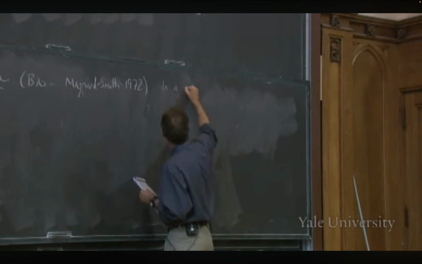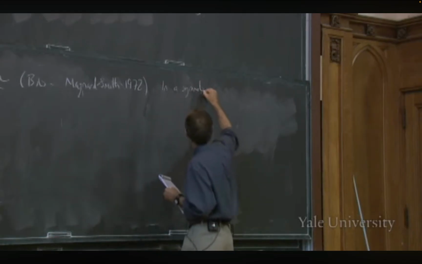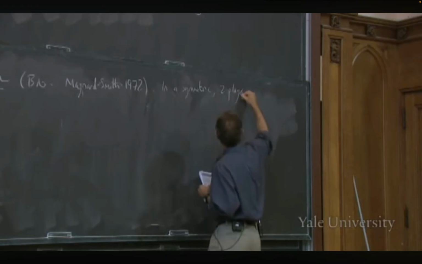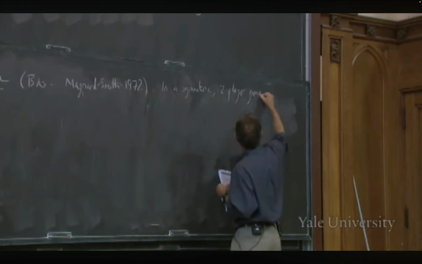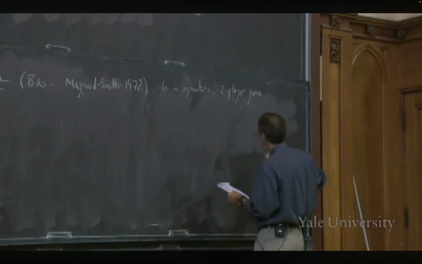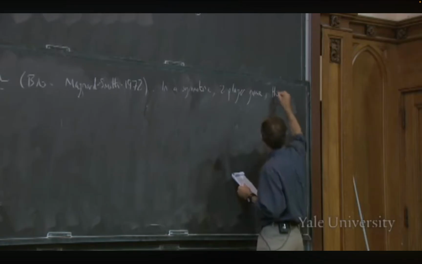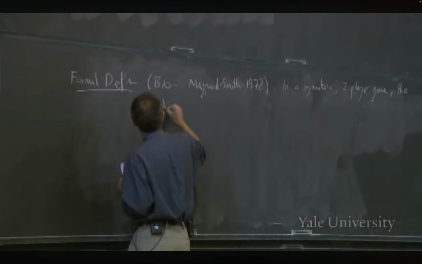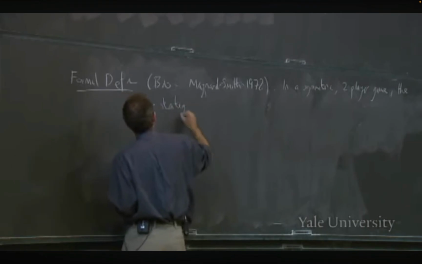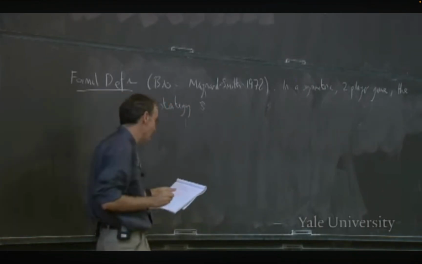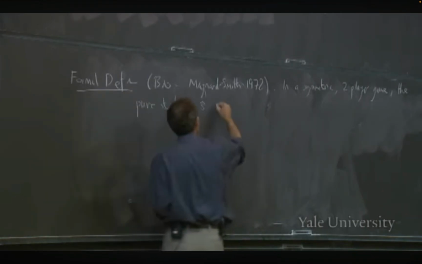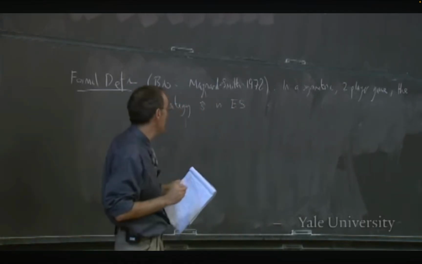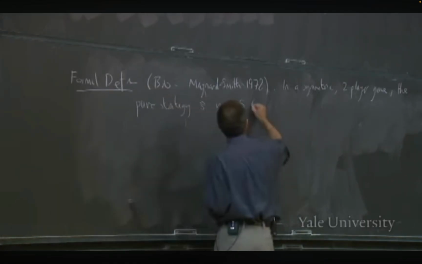So in a symmetric two-player game, so everything we've been looking at so far, the pure strategy S hat, to give it a name, is evolutionarily stable, and again I'll just use ES for that, but let me be a little bit nerdy here.